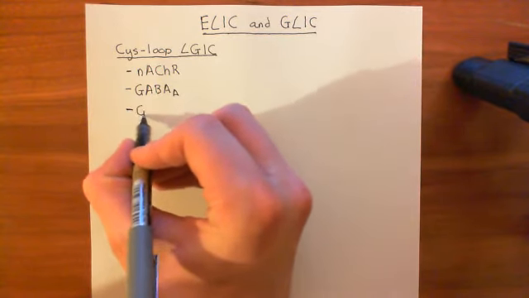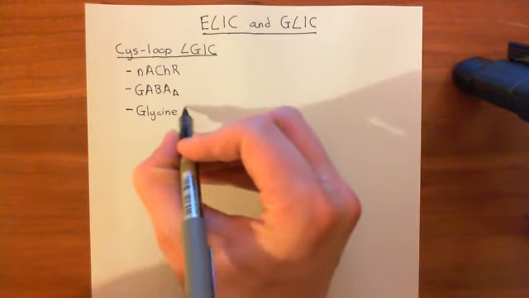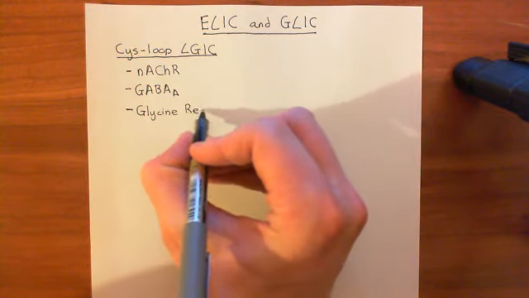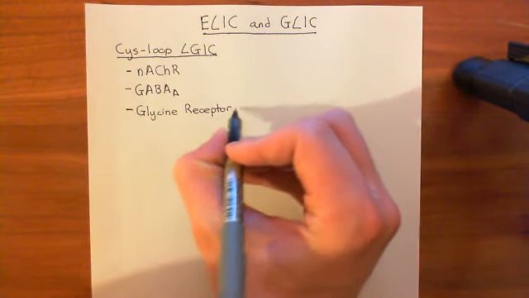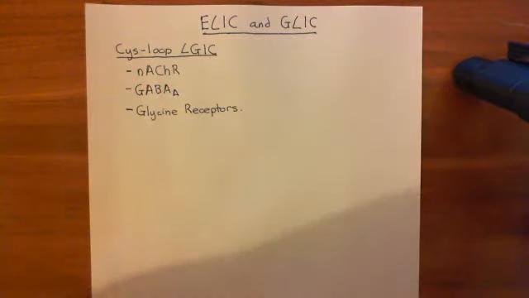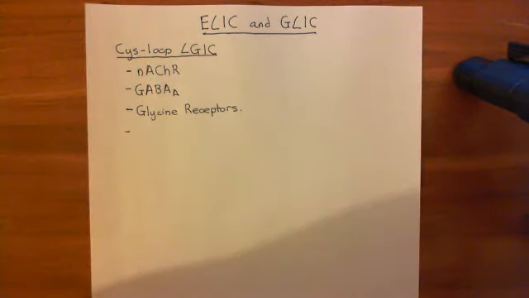Then we also have the glycine receptors. Glycine is the major inhibitory neurotransmitter in the spinal cord. So again, we need ligand-gated ion channels that respond to glycine, and those are found in the spinal cord, and they are again cis-loop ligand-gated ion channels.